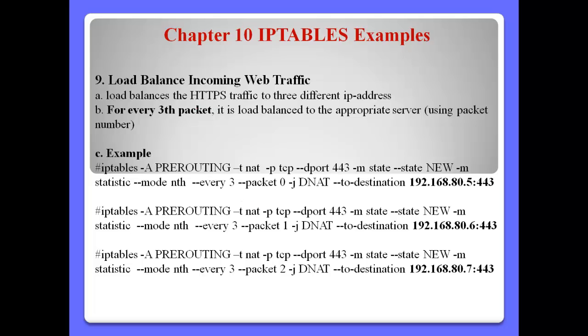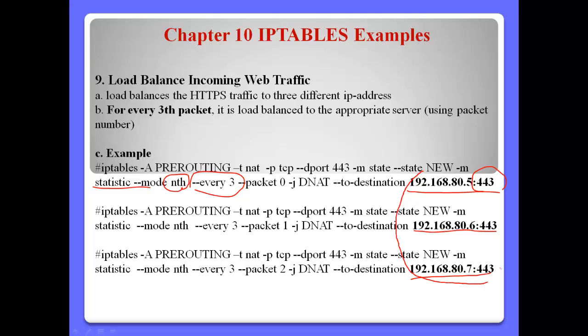Number 9, the load balancing of incoming web traffic. So in this case, we can use the match option here, the statistic and the mode nth, every 3 packets. In my case now, I have 3 servers for the web. Here 8543 means HTTPS, 192.86 and 192.80.7.